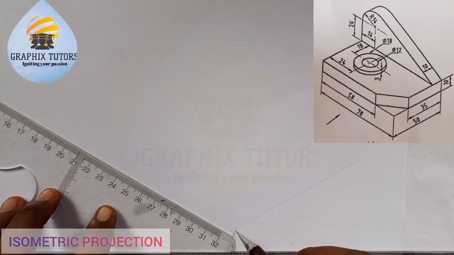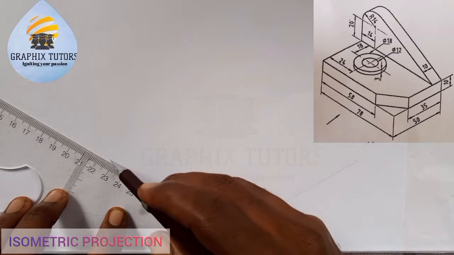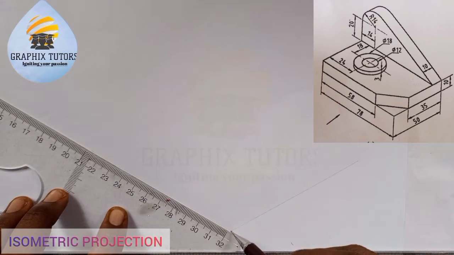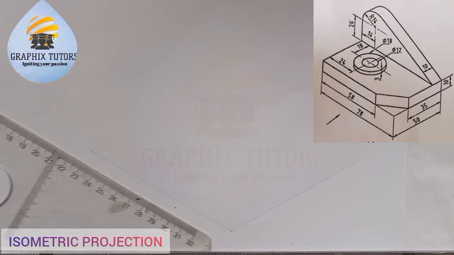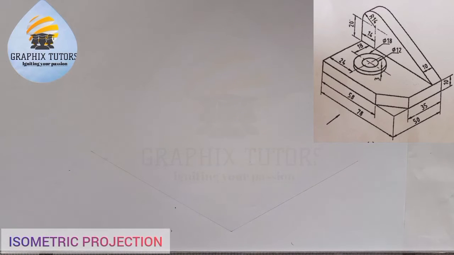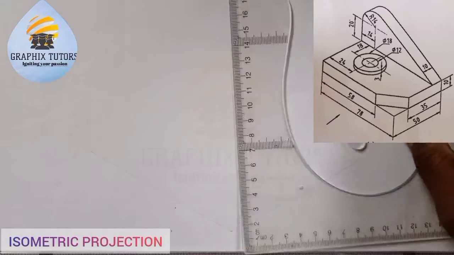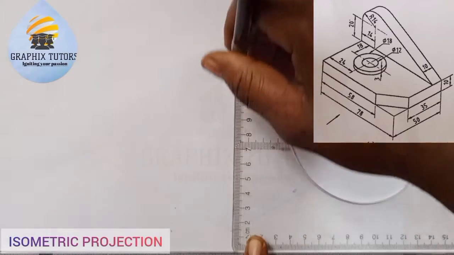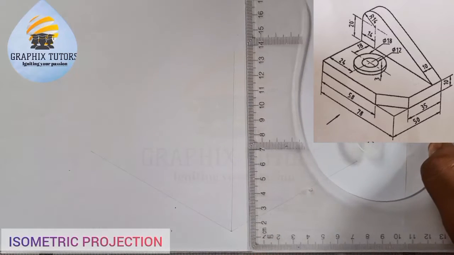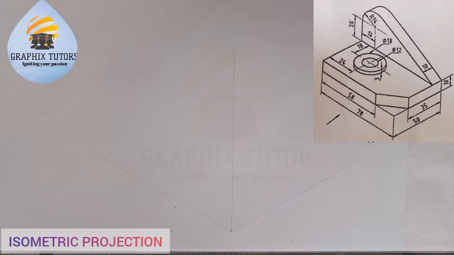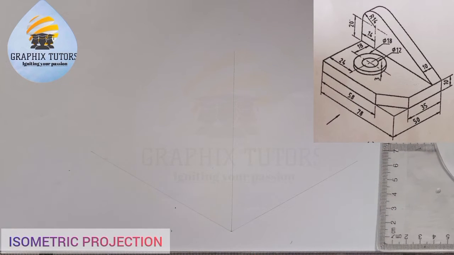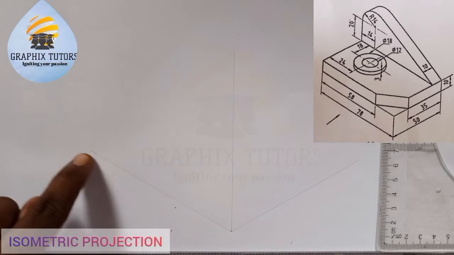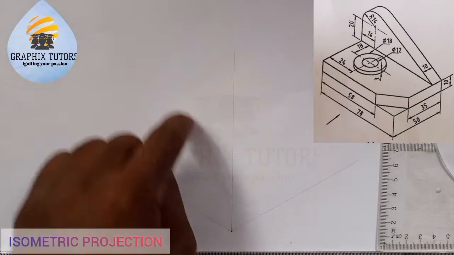You can see that? An angle of 30 degrees to the horizontal. And the Y axis too. You can see that?